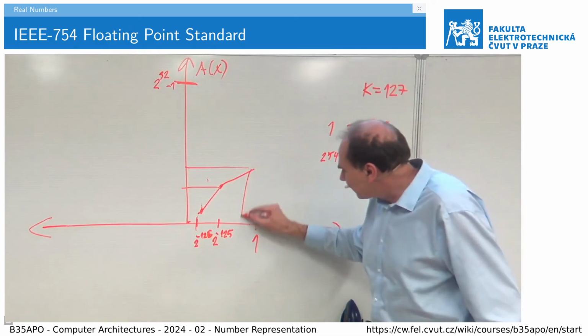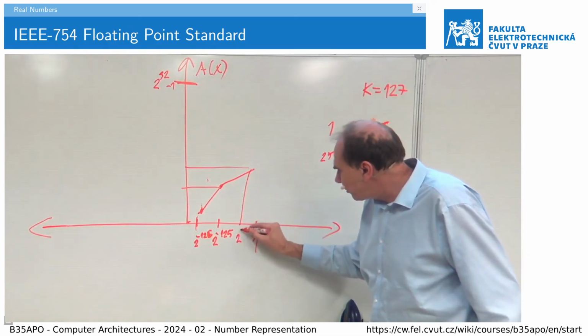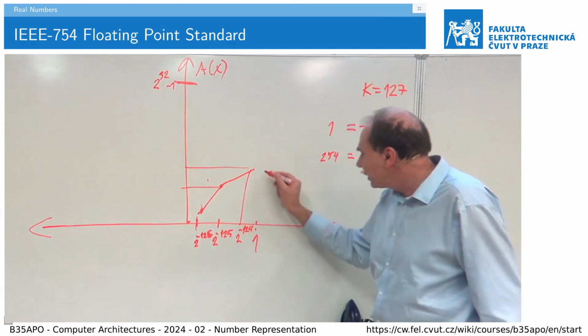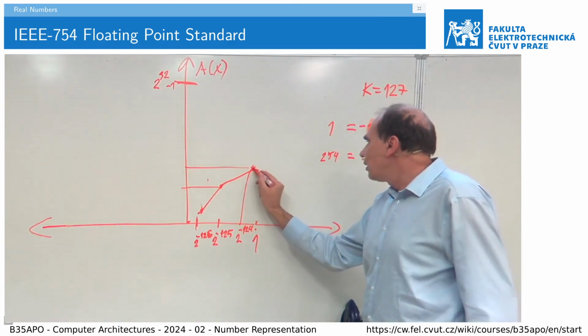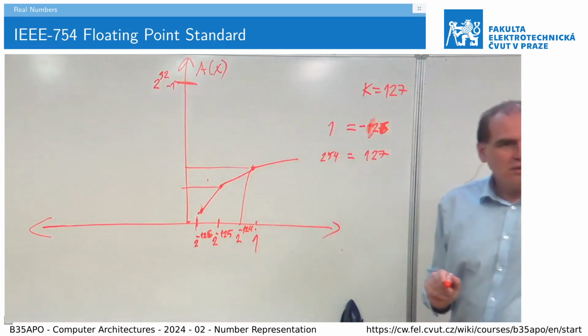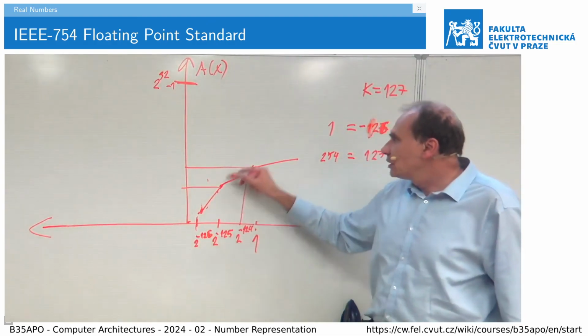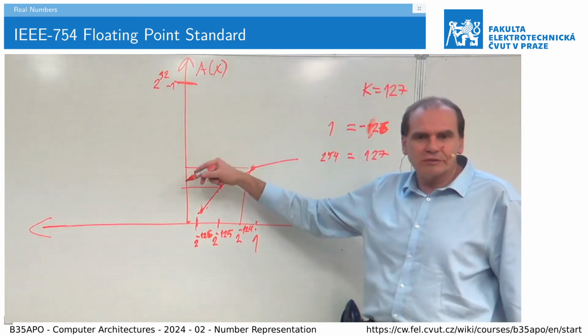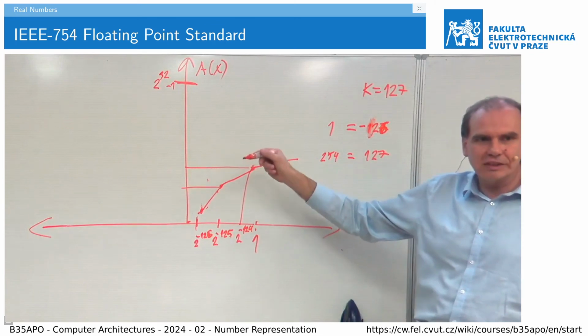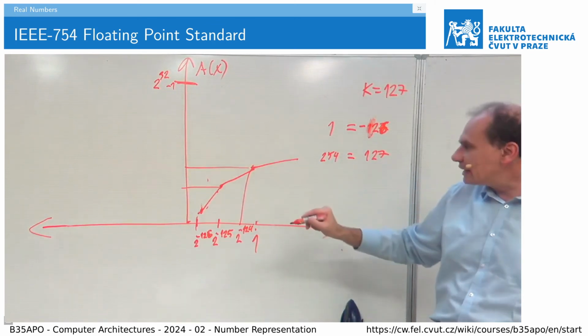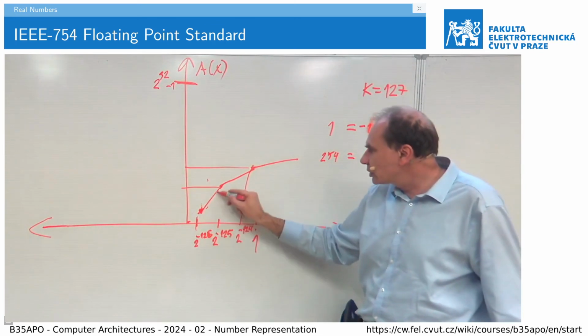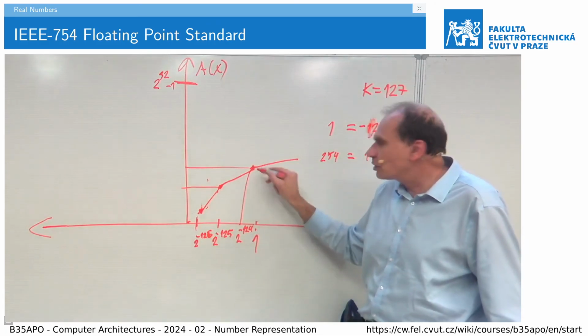And again, when we reach 2 power minus 124, we lower the resolution again. Do you see? Because this way, if we do not waste too big a part of the codes available from those 32 bits on the small numbers, then we can keep the relative resolution constant.